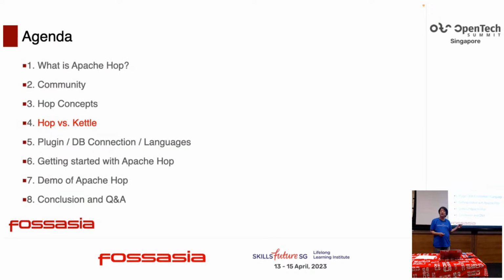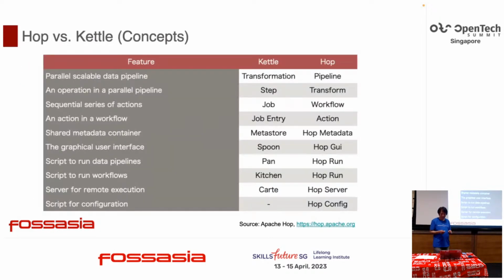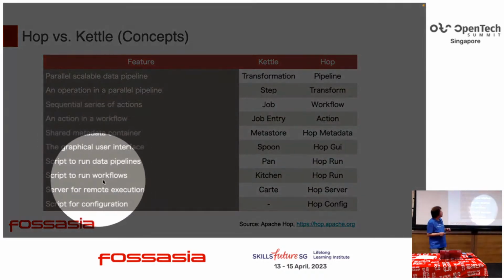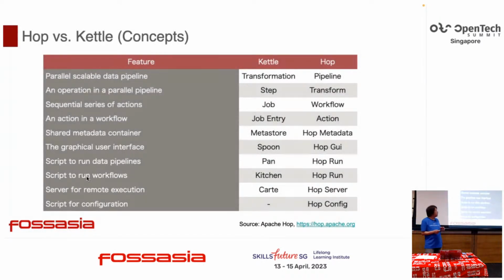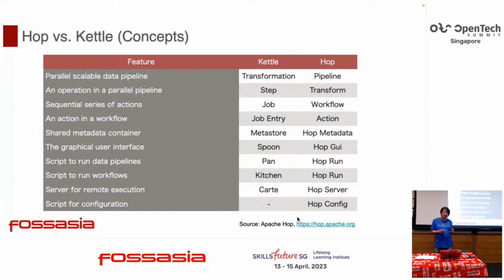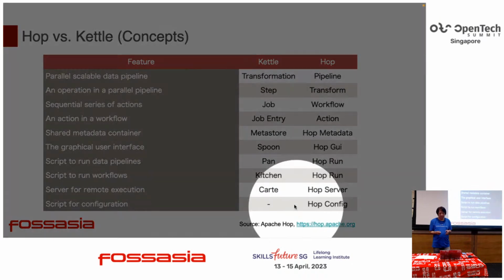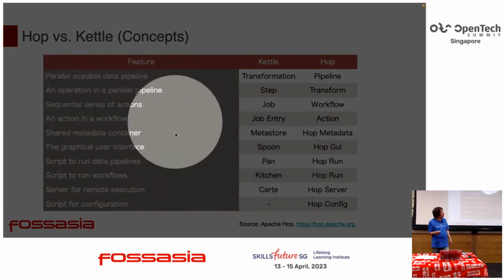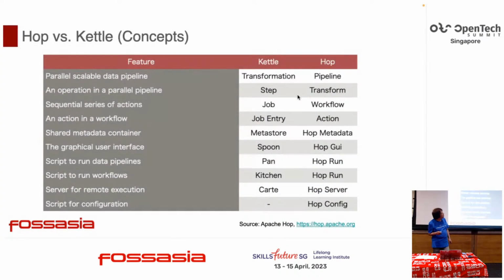Hop versus Kettle. Kettle is the base of Hop, but there is a lot of difference in the user interface and the names. There are features here, and very different names we use.